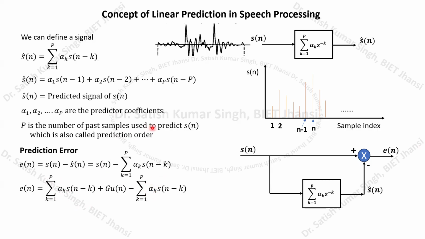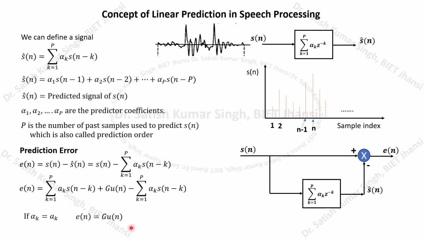Suppose alpha k is equal to ak, so both coefficients have the same value. In that case, the first term and third term will cancel out, and we are going to get En equals G into Un.